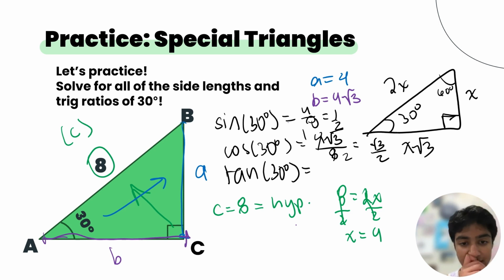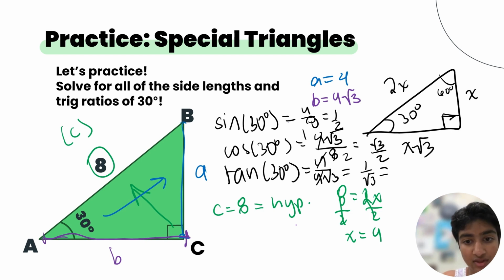Okay, so tangent 30 degrees. TOA. Tangent equals opposite over adjacent. Opposite A over adjacent B, A over B. A is 4, B is 4√3, so you cancel them out, and you get 1 over √3.